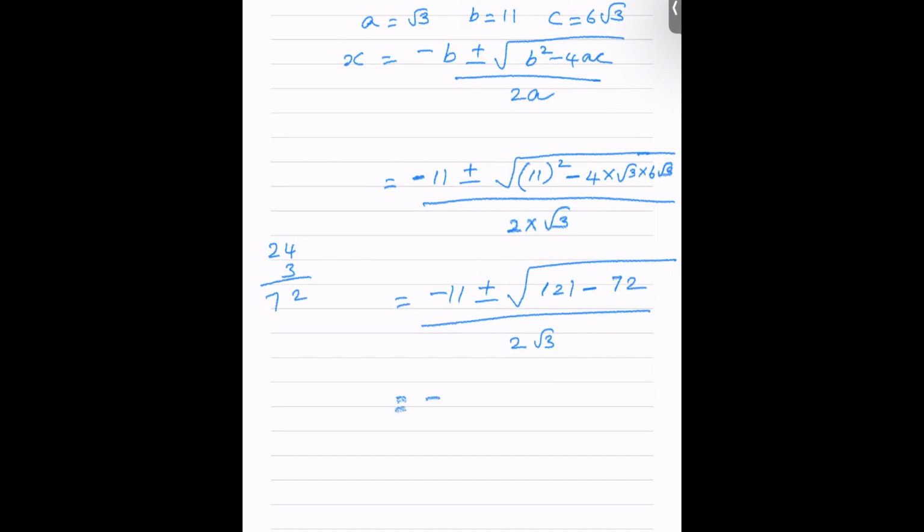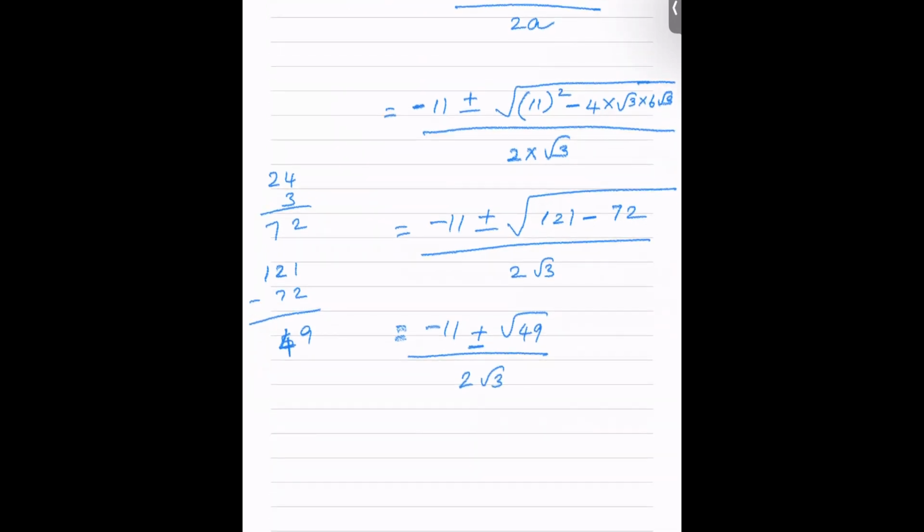This is minus 11 plus or minus, okay, what is 121 minus 72? 121 minus 72 is 49. Did you get 49? Yes, ma'am. So here, minus 11 plus or minus root 49 by 2 root 3. What is that?